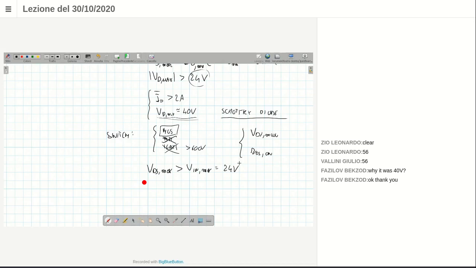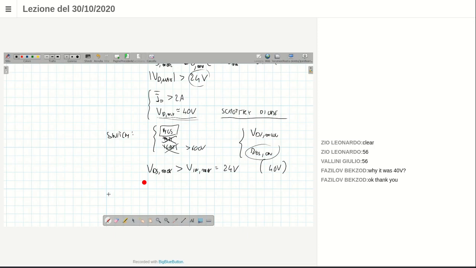Again, it could be advisable to choose a MOSFET with something larger voltage, for instance 40 volts. Okay, but what is interesting to consider is how to specify the on resistance of the MOSFET.